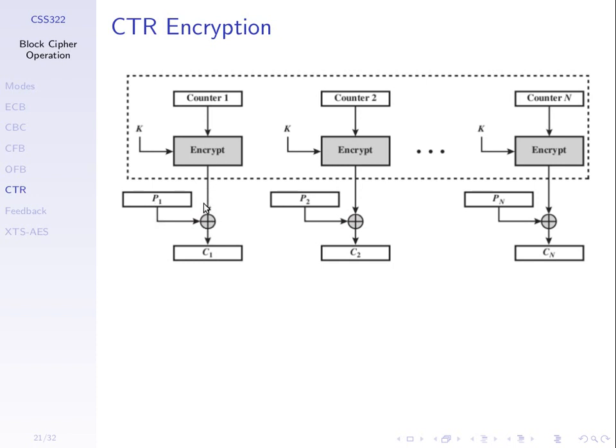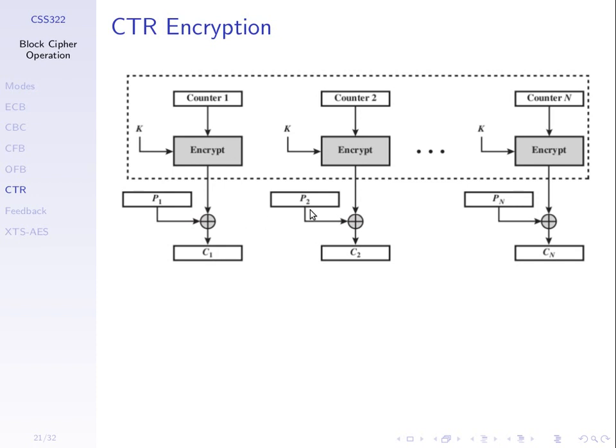And again, the one-time pad tells us if we XOR some plaintext with a random value, we'll get a random output. The security of the one-time pad depends upon that. So we take a structured counter, it can be 0 in this case, encrypt, we get some random output, XOR with our plaintext, we get C1.